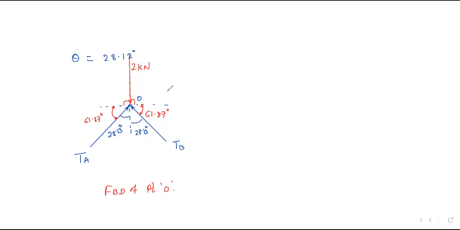But for using the Lami's theorem, you should always remember one thing. You should always consider the angle between the forces, not the angle with horizontal or vertical. Alpha, beta, gamma are the angles between the forces, so we need to find those first. This is TA and TB.